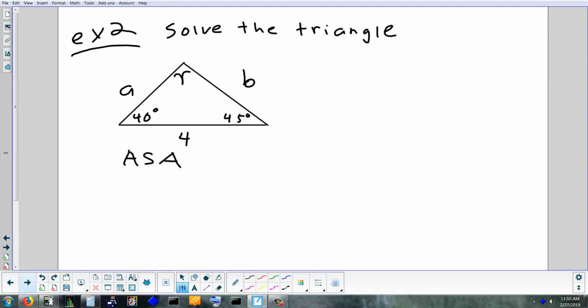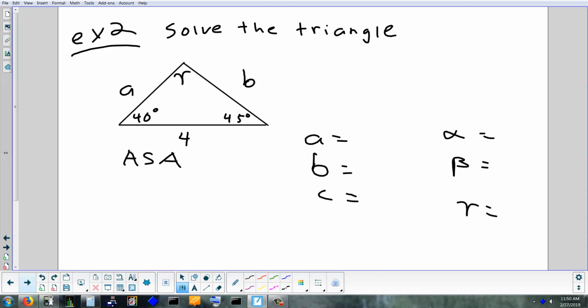Okay, what did I do in the last problem to organize all the stuff I have to find? Yep, make the chart, make a table. If you don't want to make a table, don't. It's up to you. But it just kind of organizes everything.